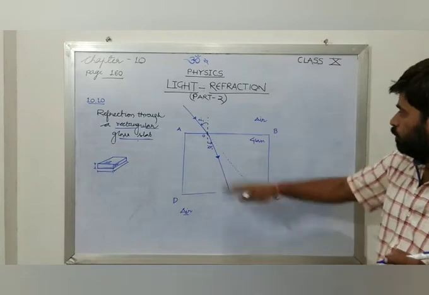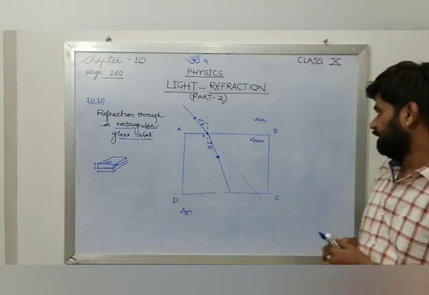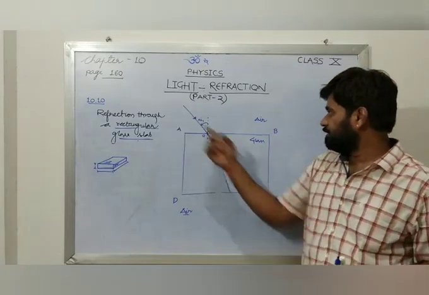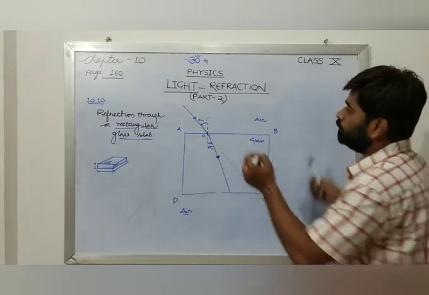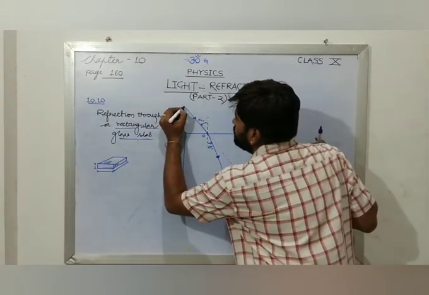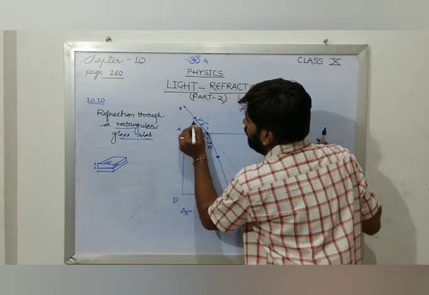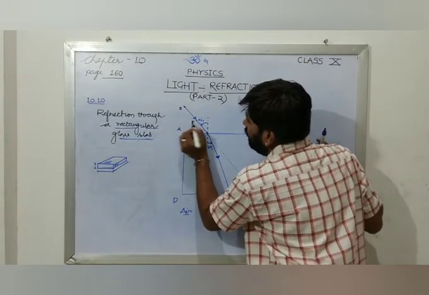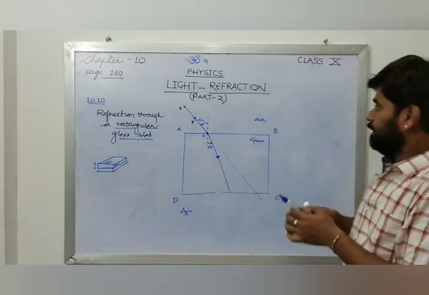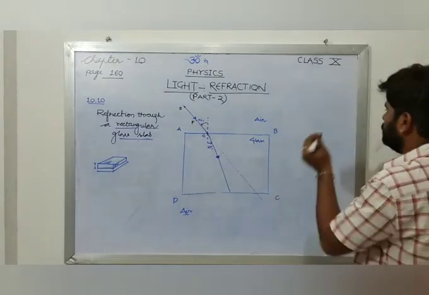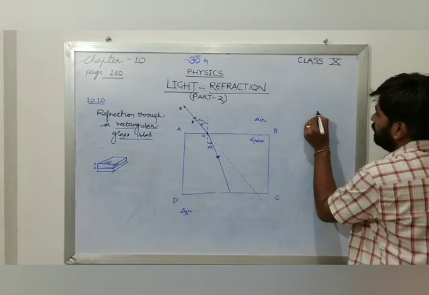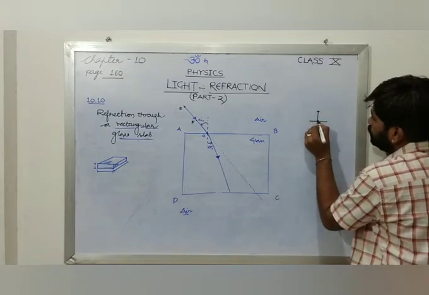Now if we do an activity, what do we do? The very first thing: over this ray we will put two pins, say E and another say F. Suppose this is the surface; then these pins should be perpendicular to this surface, not making an angle with it.